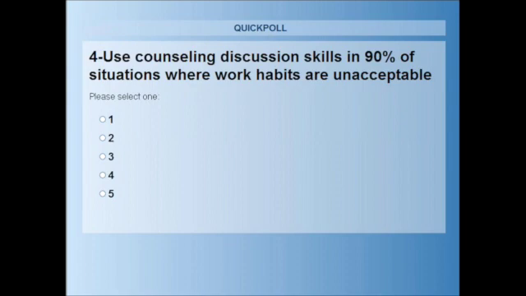Interesting answers. At the moment, we've got an 80-20. 80% think it's level 3, and 20% level 2. That is changing now. We go 14% level 2, 86% level 3. All right, we go with level 3.